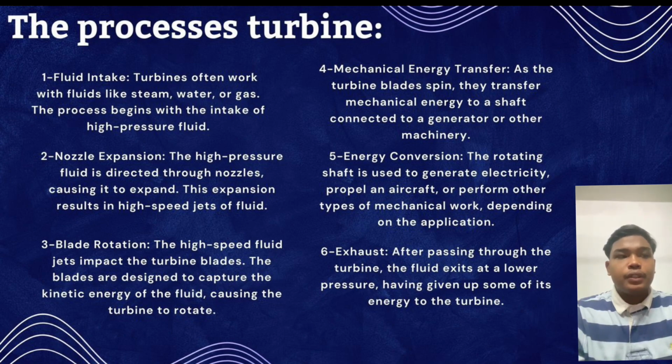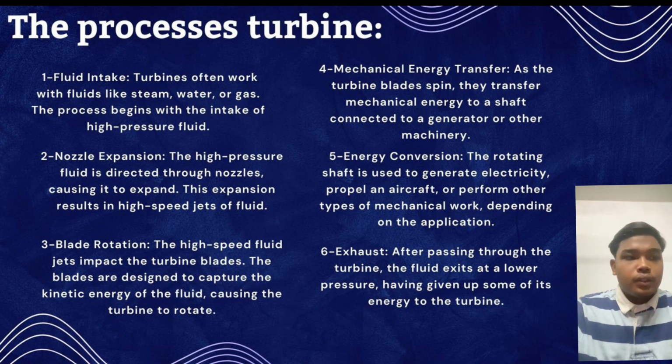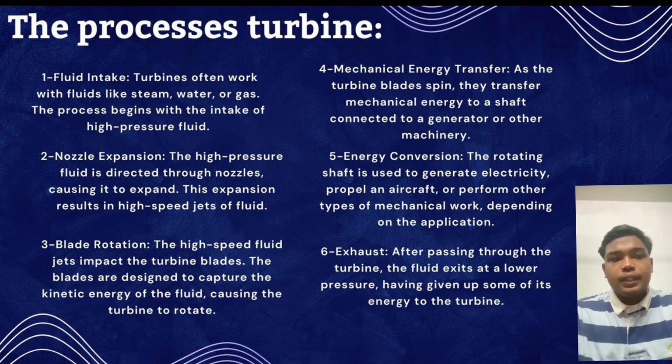This expansion results in a high speed jet of fluid. Thirdly, blade rotation. The high speed fluid jet impacts the turbine's blades. The blades are designed to capture the kinetic energy of the fluid, causing the turbine to rotate.